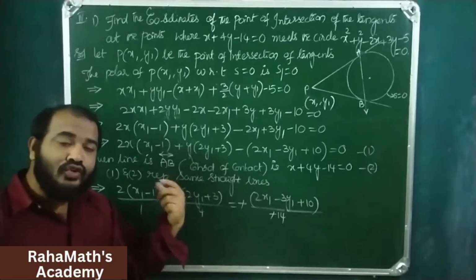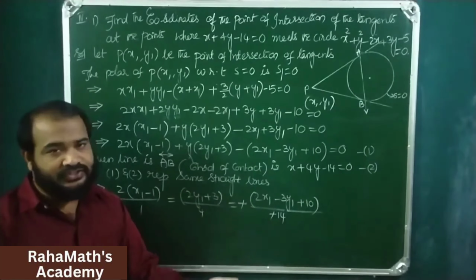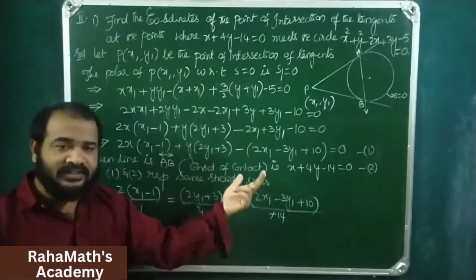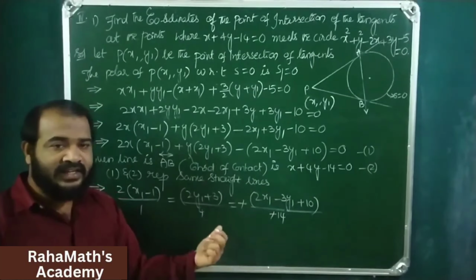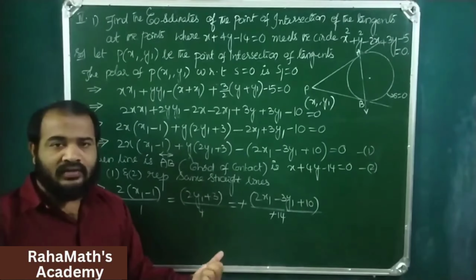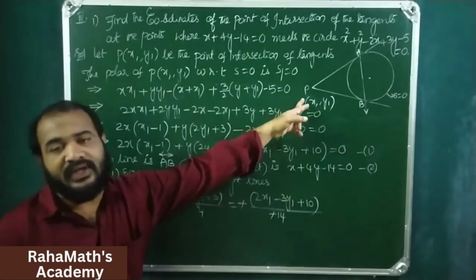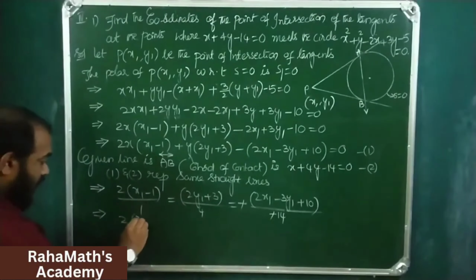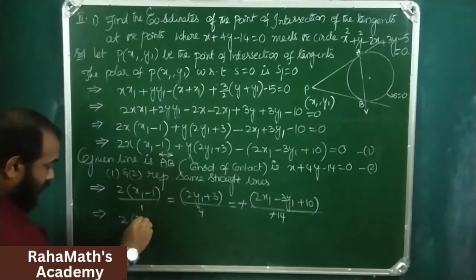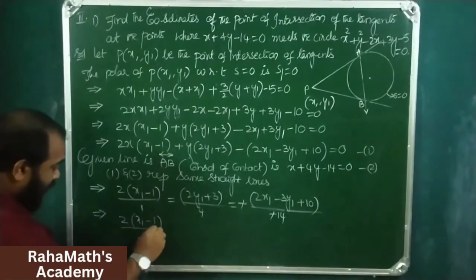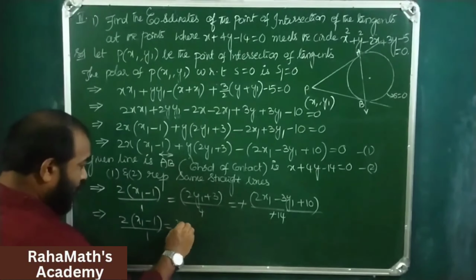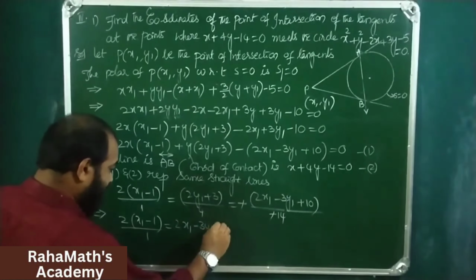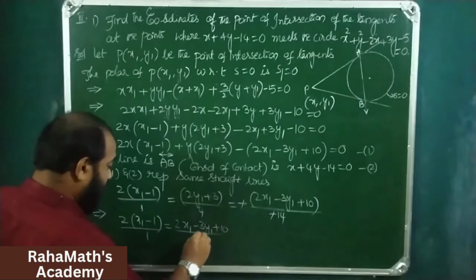So we are getting two simultaneous equations. Then if you solve these two simultaneous equations, which are in x1, y1, then we will be getting the point of intersection P(x1, y1). So for this, 2 into x1 minus 1 by 1 is equal to (2x1 minus 3y1 plus 10) by 14.